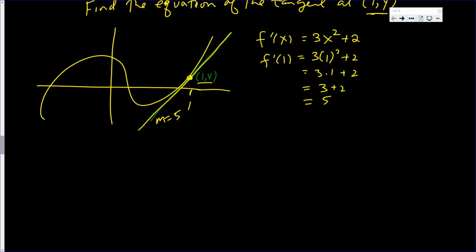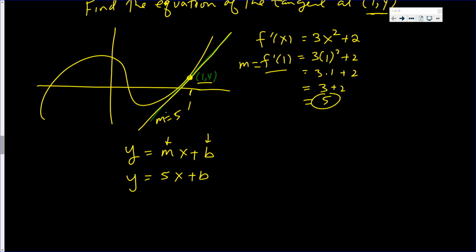So we're almost done. We know that every line can be written in this form. And we know that m, the slope of the line, is f prime of 1, which is 5. So we need to find m and b. Well, we have m. We need to find b. Now, we were given two pieces of information. One we had to find, but once we found it, we have it.